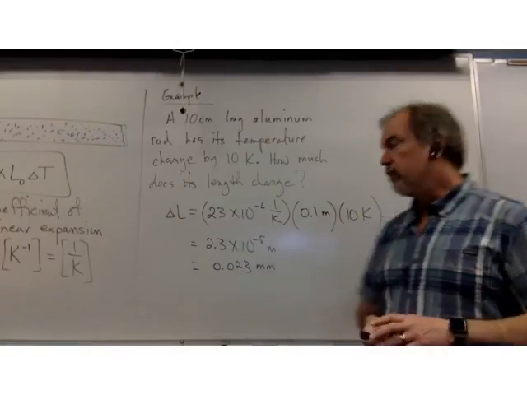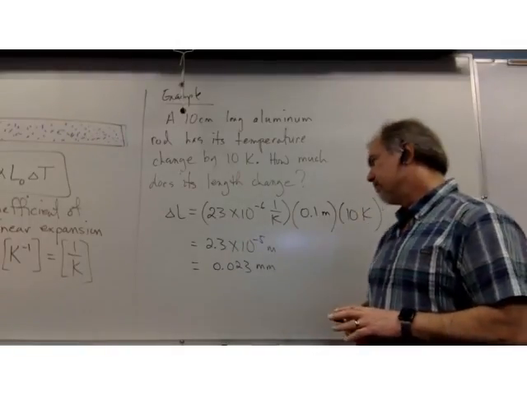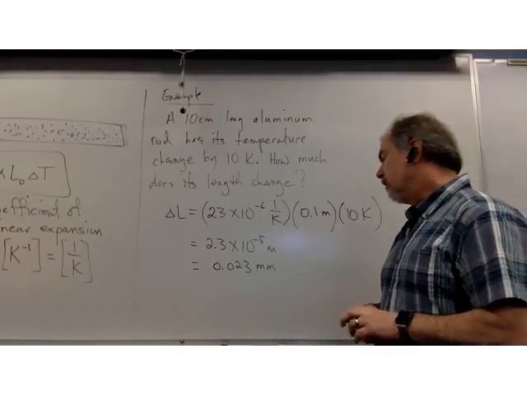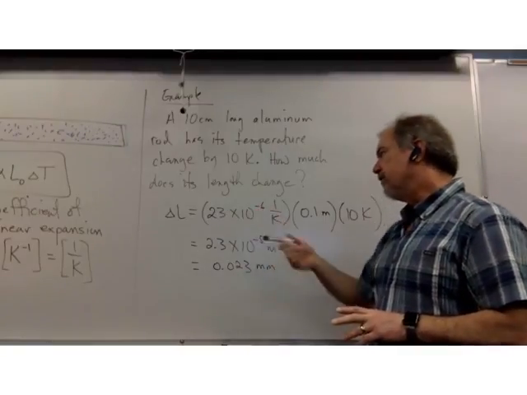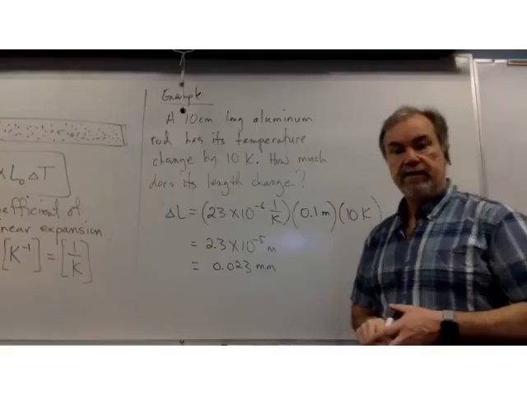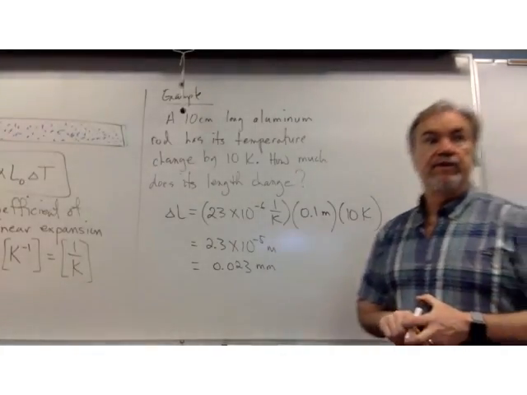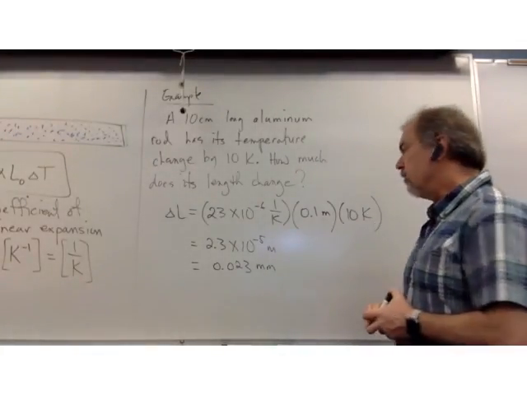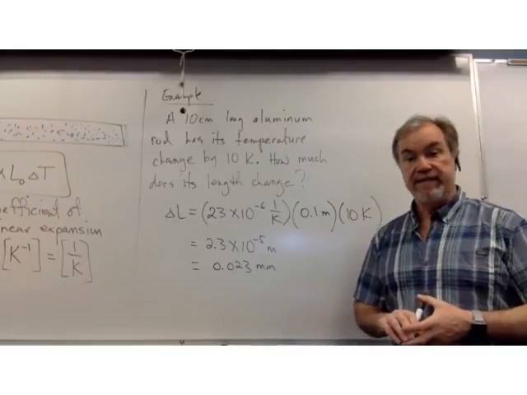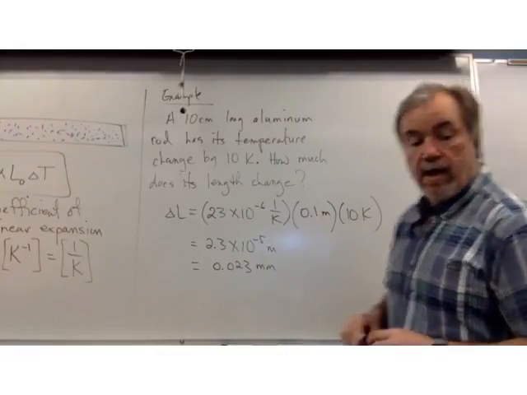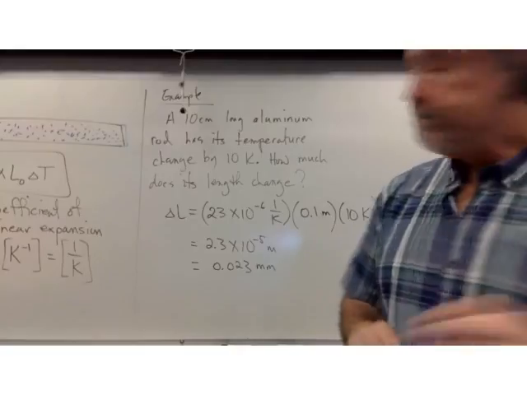So in other words, it's somewhat less than half of what aluminum is. So glass changes distance correspondingly less than aluminum does. So pretty straightforward there.